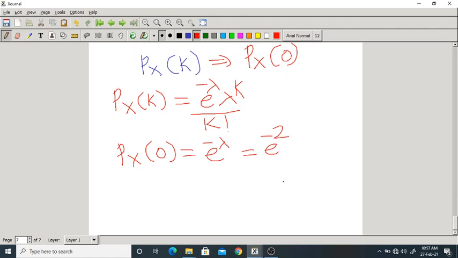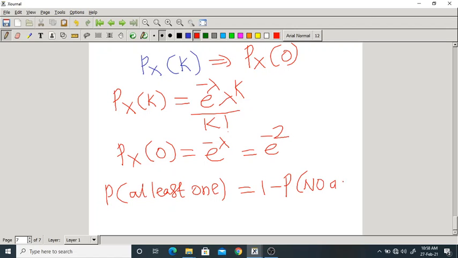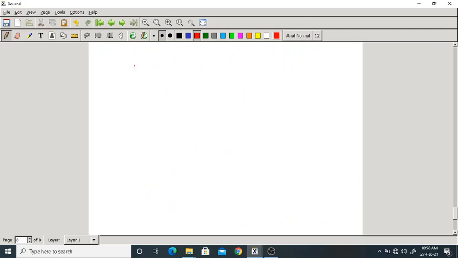So what is the probability of at least one accident? Probability of at least one is nothing but 1 minus probability of no accidents. Which means 1 minus Px of 0, which means 1 minus e power minus 2.